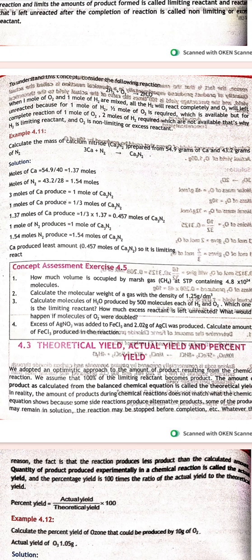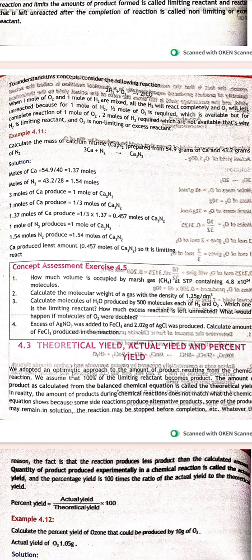A daily life example is not given here, so I'm not going to quote further examples, but it's just for your understanding that the limiting reactant is the one that limits the amount of product.